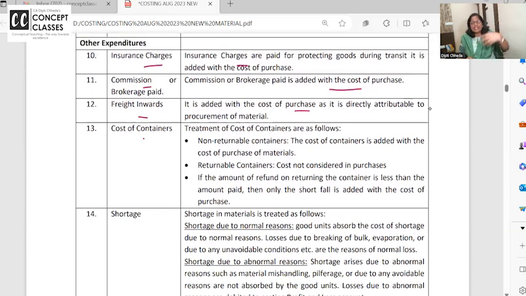So many times I get say cold drinks or badam milk in those containers. If they are non-returnable, then container cost also I will add in the purchase.